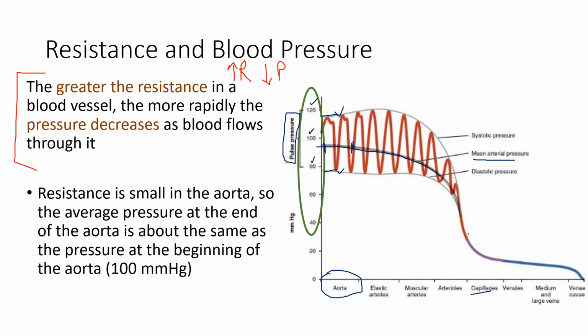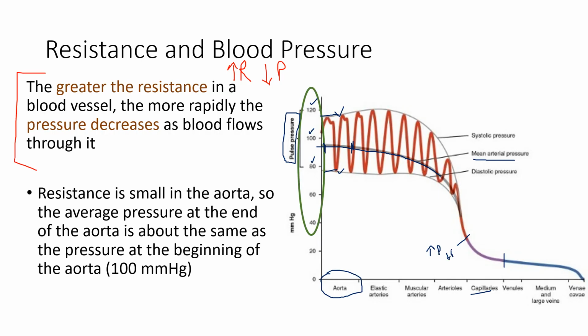When you get to the capillaries, you can see that the pressure has dropped dramatically. If you're looking at the arterial end of the capillary in comparison to the venule end, just in comparison to the entry and exit of that blood in the capillary, you can see that the arterial side is under high pressure, so it's going to be low resistance.